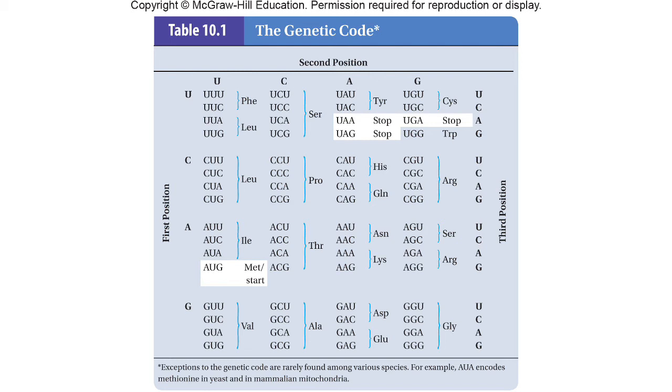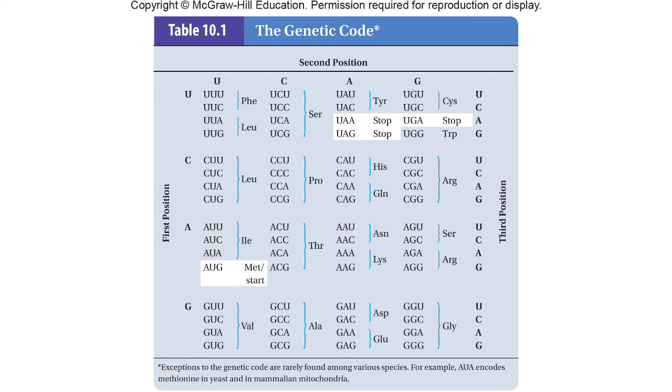What you can get from this table is, if you have the sequence UUU in a messenger RNA, the amino acid it codes for is indicated here with PHE, which is phenylalanine. Let's look at another one. If I go down to the bottom left, if I have a codon in the messenger RNA with the sequence GUU, the amino acid that's going to be coded for is VAL, or valine.